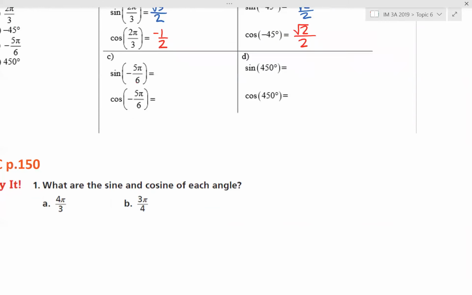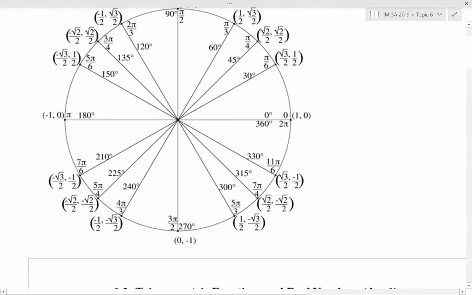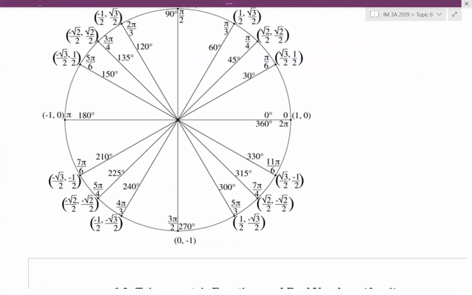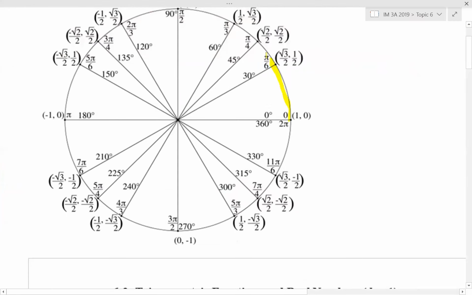So if I have sine of negative 5 pi over 6, I'm looking for negative 5 pi over 6 on the unit circle. If I check out where positive 5 pi over 6 is, I'm going through quadrant 1, and then I'm going to the third mark in quadrant 2. So that would be positive 5 pi over 6.